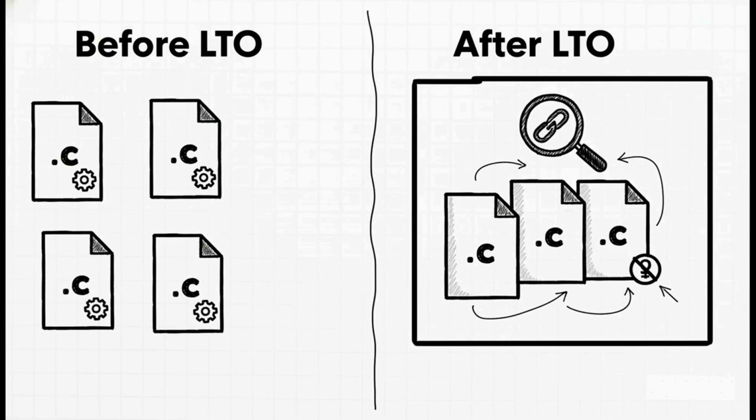But wait, there's more. You can take it a step further with something called link time optimization, or LTO. See, normally the compiler looks at each of your C files one by one, in isolation. It's like trying to solve a puzzle by only looking at one piece at a time. LTO lets the compiler see the entire puzzle at the very end, allowing it to make much smarter optimizations across your whole project.